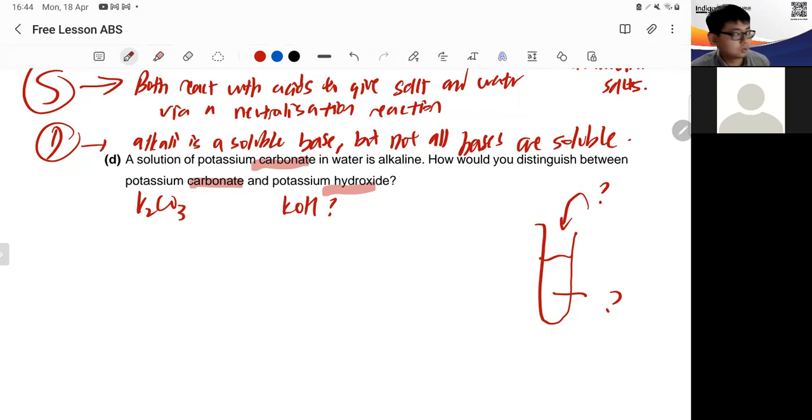Okay, what do I mean? So let me just write down the answer first. To the solution, add an acid. Actually, any acid will work, but you might want to be more specific. Maybe add HNO3, nitric acid.